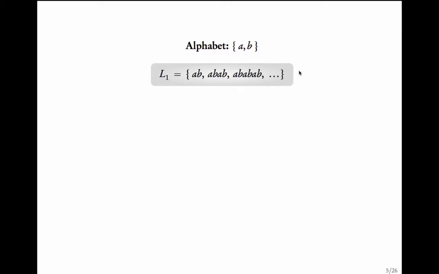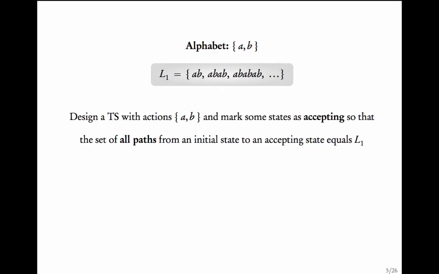Now what do I want to do with this? I want to design a transition system. You know what a transition system is. With actions A and B. So the transition system should have states, transitions, and actions should be only A and B, and mark some states of the transition system as accepting.